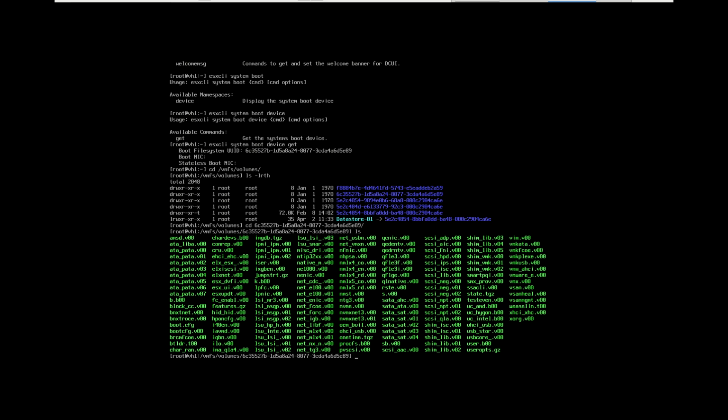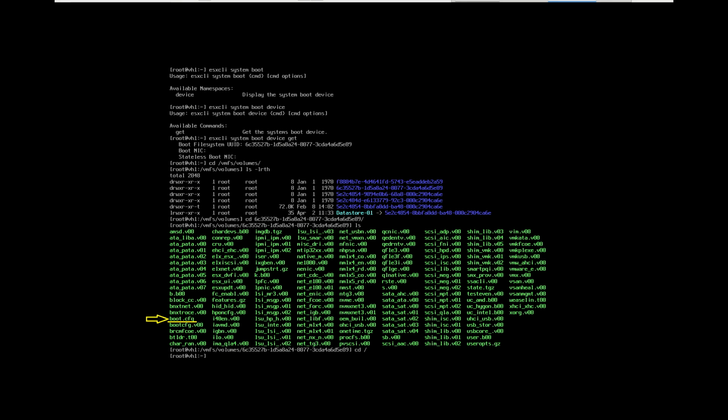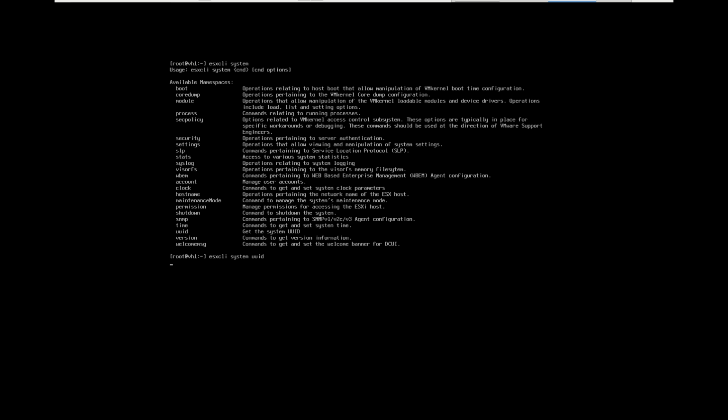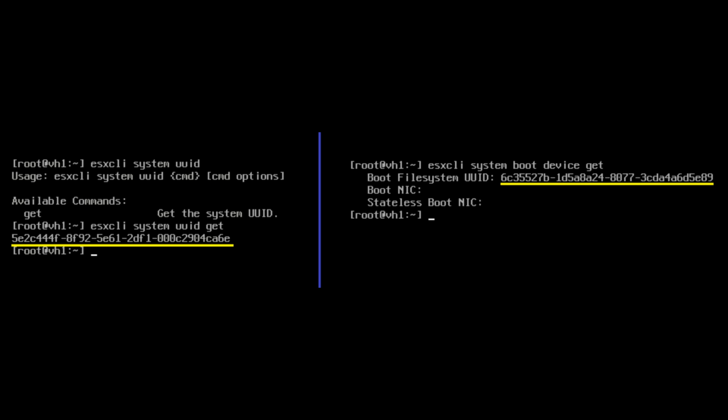As you can see, there are many important files like boot.cfg or bootconfig. There is another syntax, ESXCLI system uuid get. But remember, it will give us the ESXi host's own UUID, not the boot device.